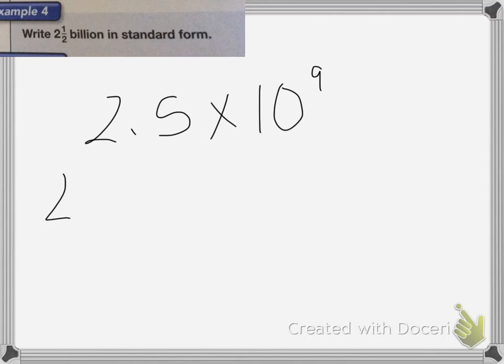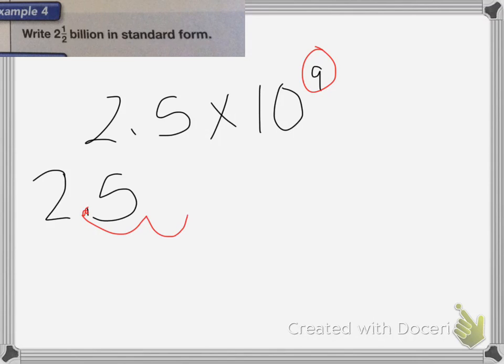Now this one wants us to write 2.5 billion in standard form. So first we're going to write 2.5 as a decimal number. So it's going to be 2.5. Now we're going to multiply that by 1 billion, which if you remember is 10 to the 9th power. Okay, so we're going to move that decimal place over to the right 9 times. So here's the decimal.